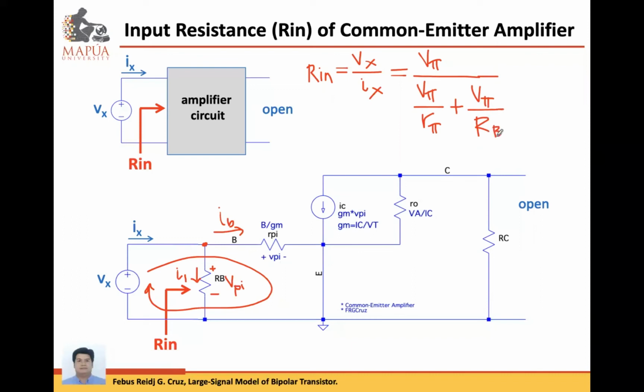So from the equation, we can cancel out yung V pi. So the input resistance now equals 1 over R pi plus 1 over RB. Or reciprocal of reciprocals, no? So lumalabas, Rin is actually R pi in parallel with RB.